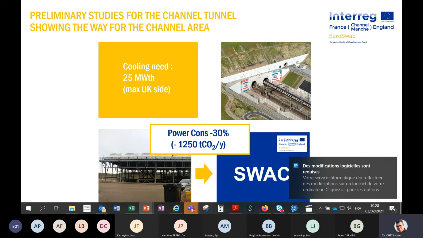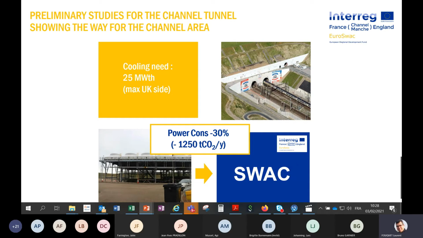And so we have made first studies for the UK side of the tunnel, which needs around 25 megawatt thermal, and thus saving 30% of electricity when you consider the energetic mix in the UK. It allows to save about 1,250 tons of CO2 per year.